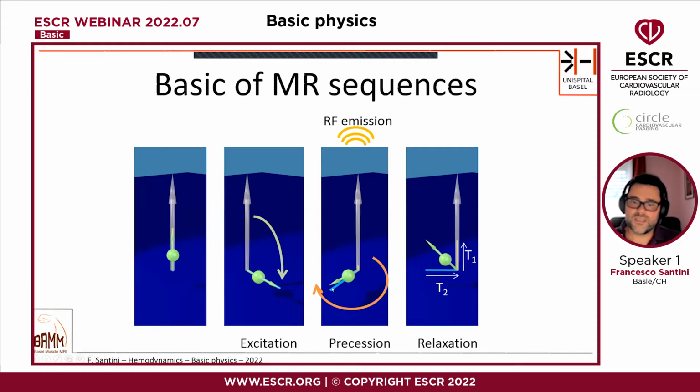What we are interested in is the decomposition of the magnetization vector into its transverse and longitudinal components. As you know, the transverse component will tend to decay towards equilibrium with T2, and the longitudinal component will go to its equilibrium state with a time constant T1. This is all very basic, and this precession, as you know, will happen at the Larmor frequency.